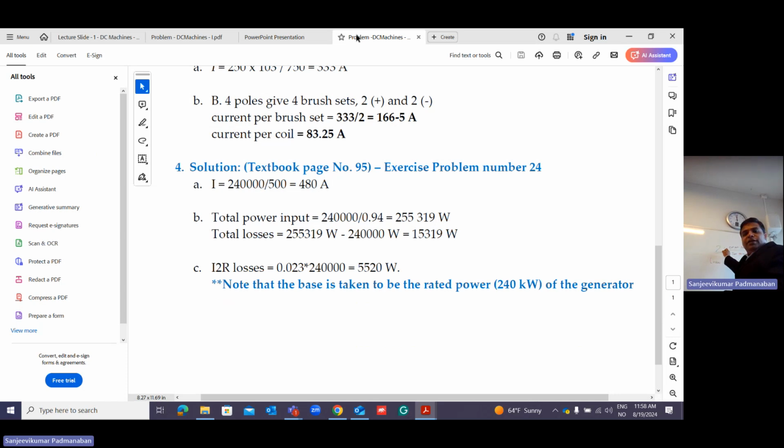You know the efficiency given in the problem, which is 94%, and you know the output power 240. So input power equals output power, already given as 240, divided by efficiency.